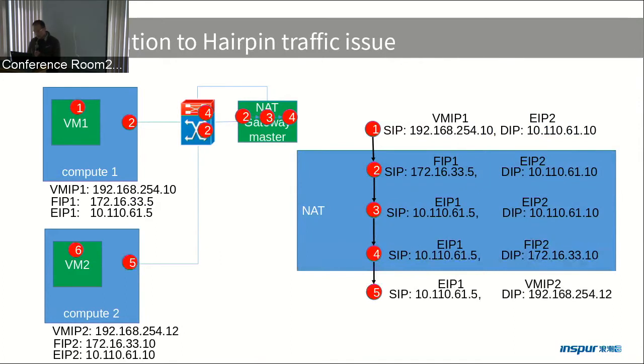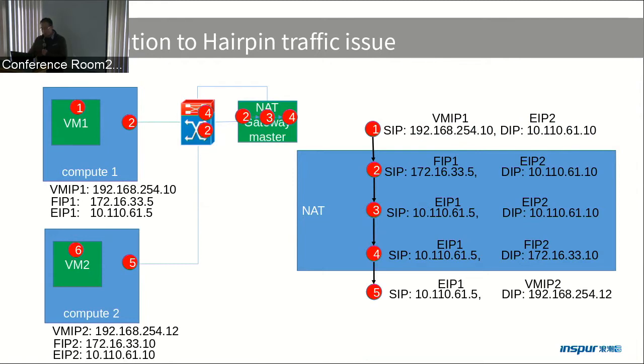So here is the solution we implemented in the NAT gateway. In stage 1, the source IP of the packet is VM IP1, and the destination IP is EIP2. In stage 2, OpenStack Neutron will translate VM IP1 to FIP1. In stage 3, the NAT gateway will translate FIP1 to EIP1. In stage 4, the NAT gateway will translate EIP2 to FIP2.